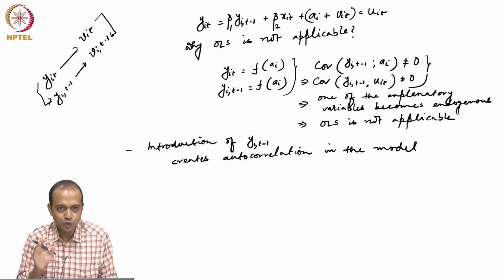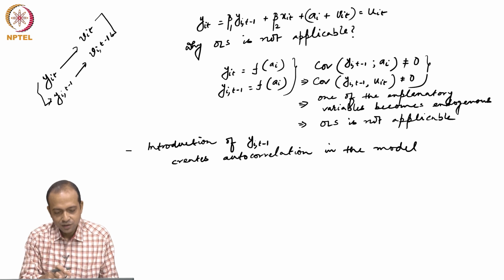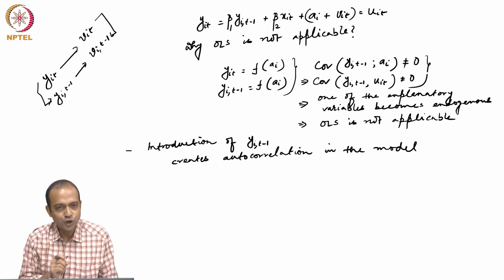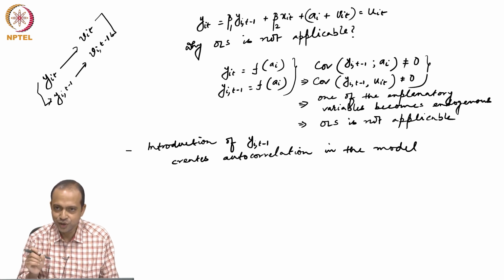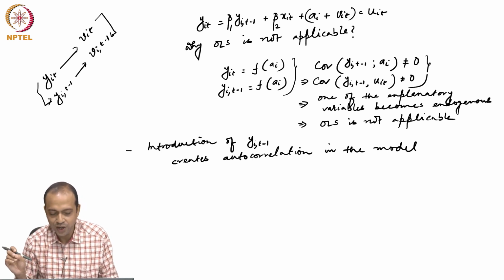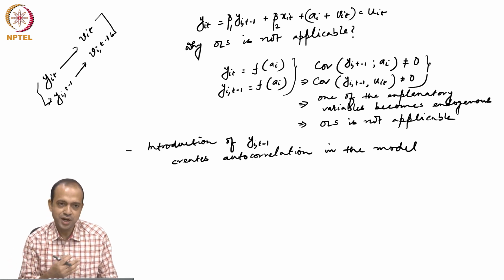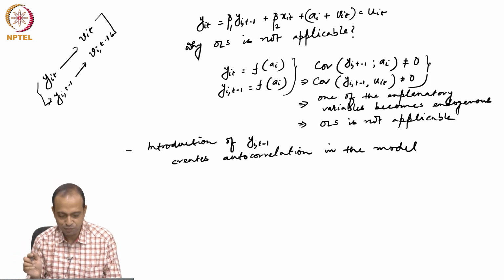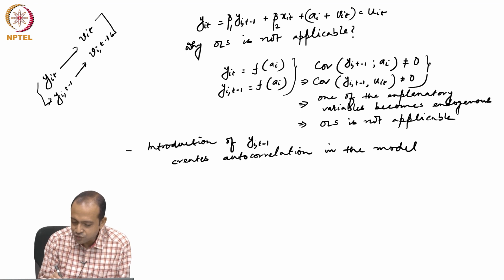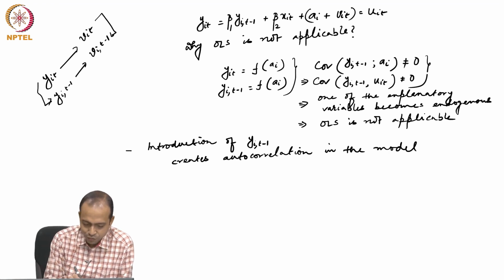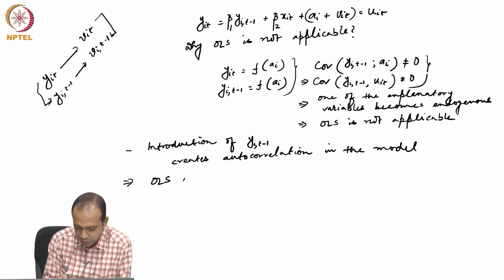And as we all know, if we have autocorrelation in the model, then we cannot apply OLS to estimate the parameters, because that will lead to inconsistent and biased estimates, right. So, introduction of YIT minus 1 creates autocorrelation in the model, and that implies again OLS is not applicable.